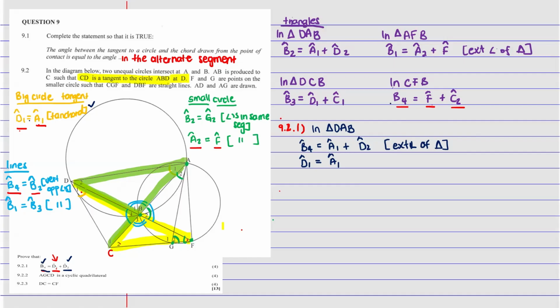And this is from the notes: it's the tan chord theorem. Therefore, we can replace A1 by D1. So angle B4 is equal to angle D1 plus D2, which is exactly what they want. Is everyone okay with how that question is done?